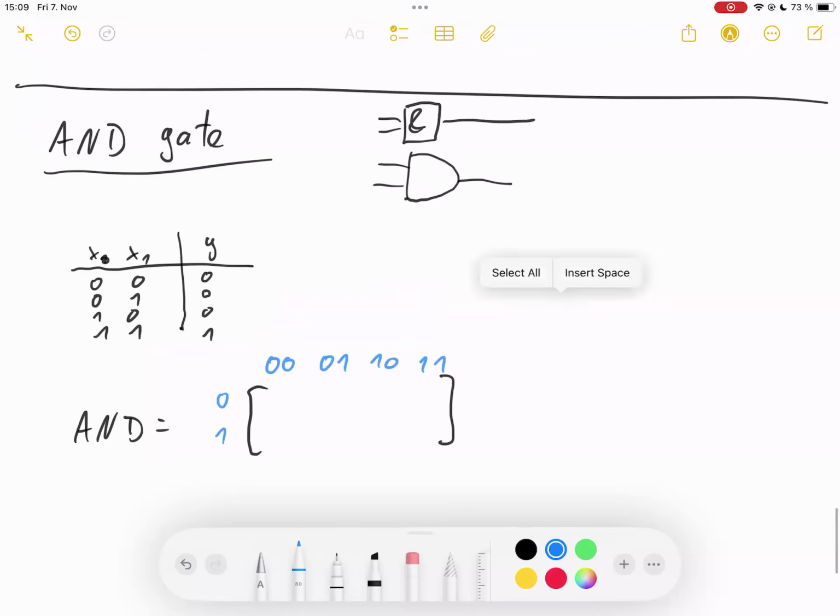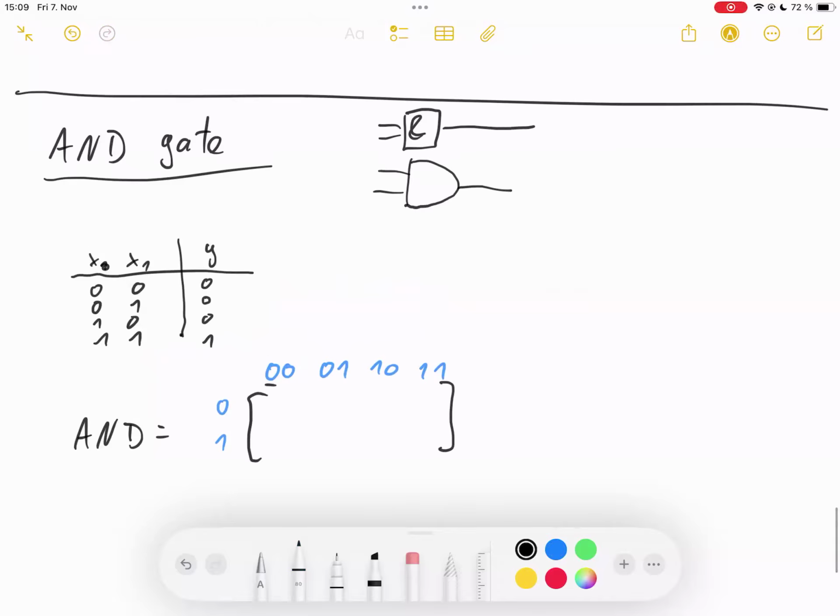Underlined in black is the first input, and in green is the other input, because we have two inputs here. And we can try to describe this now as a matrix. What I want is that for these inputs, where both of them are 0, or only one of them is 0, I map this to a 0.